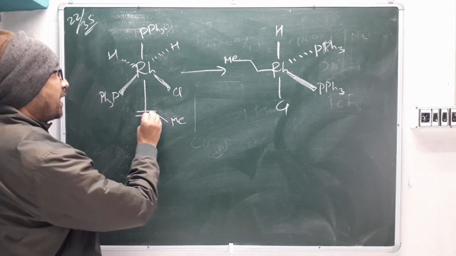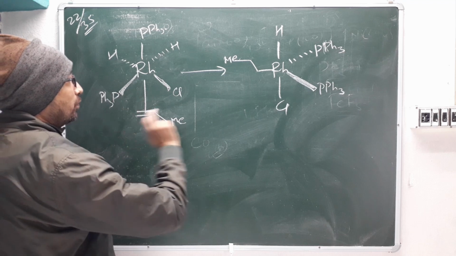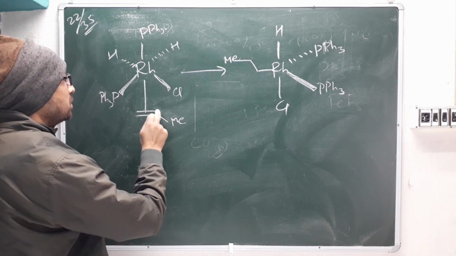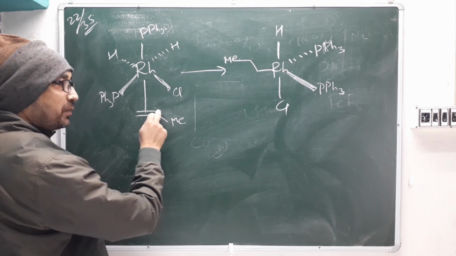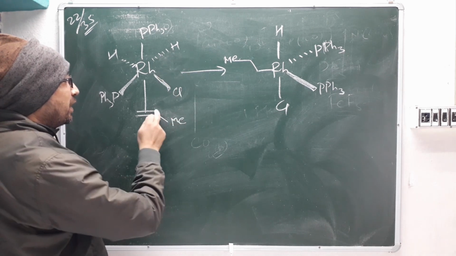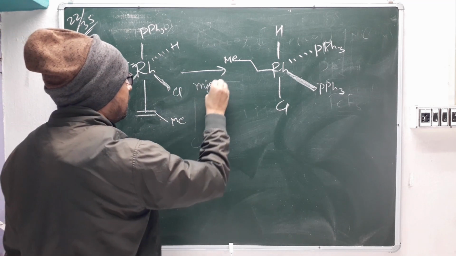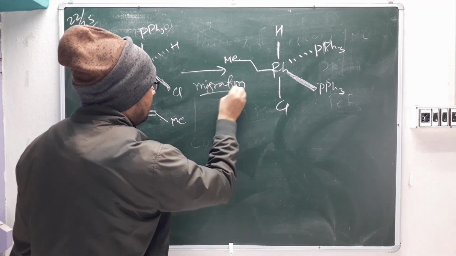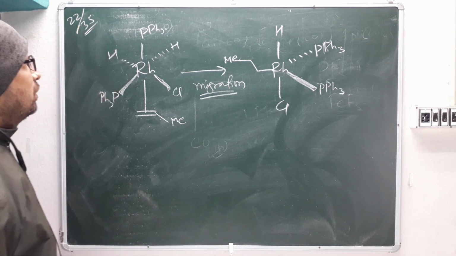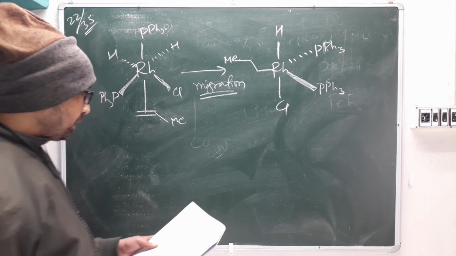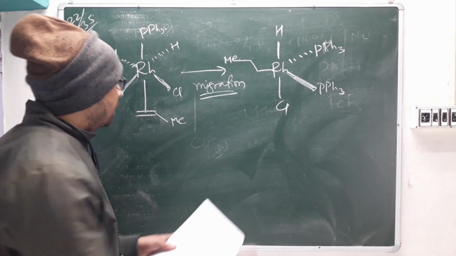First of all, the migration is taking place. It is directly attaching here, and whatever charge is coming here, positive, this hydrogen is coming and sitting over here. So the migration is taking place. And what all it has asked: the reaction involves migratory insertion. Option A is correct.